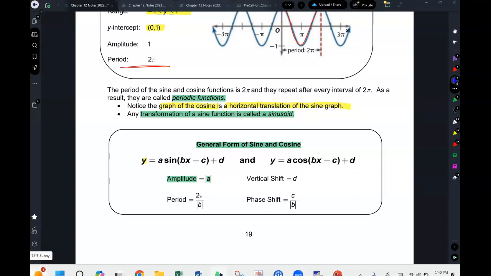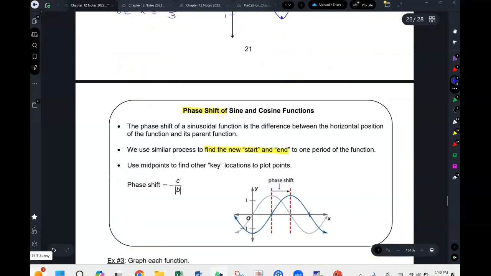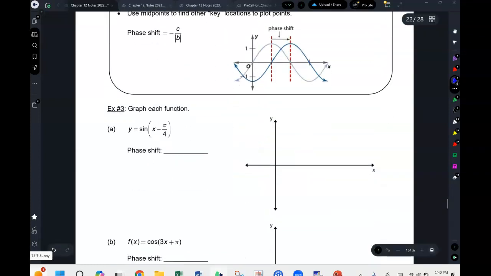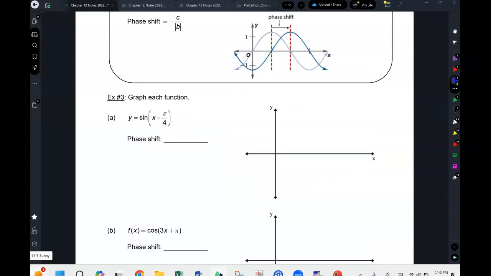And then B gives you the period, because 2 pi over B is the period. D, we said, was vertical shift. Now, C and B together give us the phase shift. Okay, so there is a shortcut for phase shift, but really what I want you to do is to always solve for the phase shift.